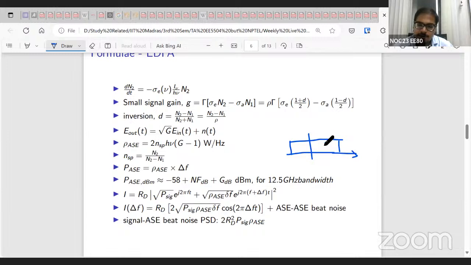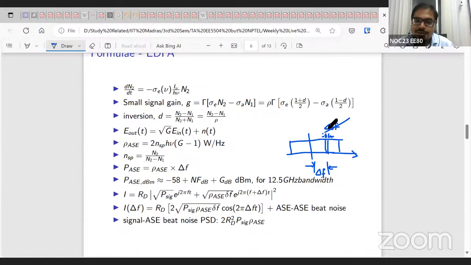This figure was used. So what we said was this distance is delta F we defined, but the noise contribution for this small section, this was also written during the video lectures as delta F only.